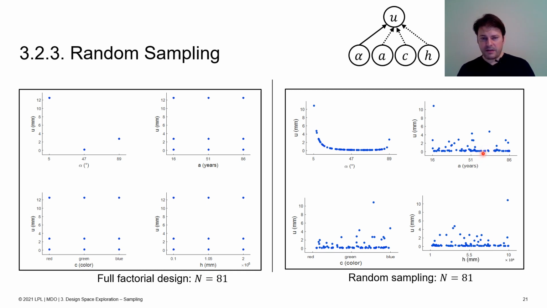But when you increase the number of samples, then this plot would become more and more dense. And it'd be easier to detect that this variable is in fact irrelevant.